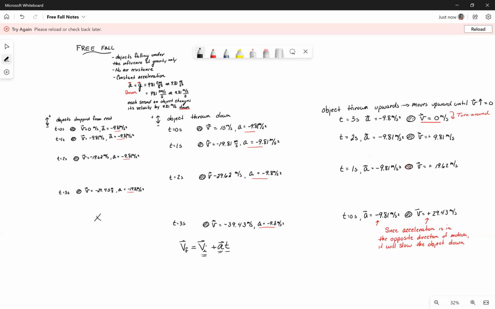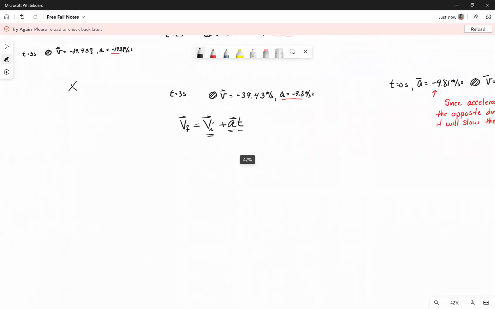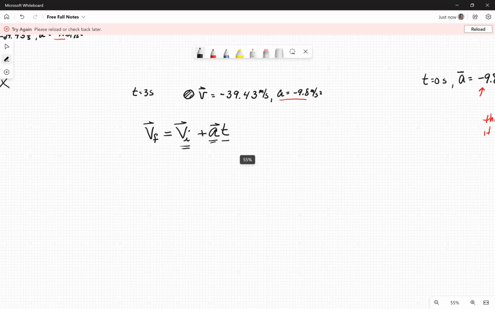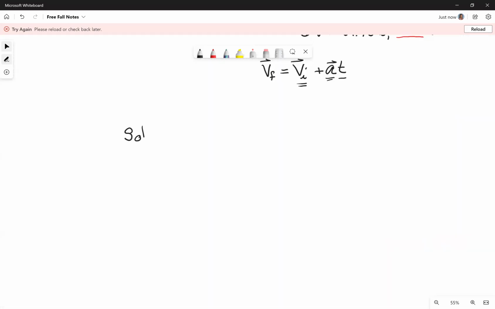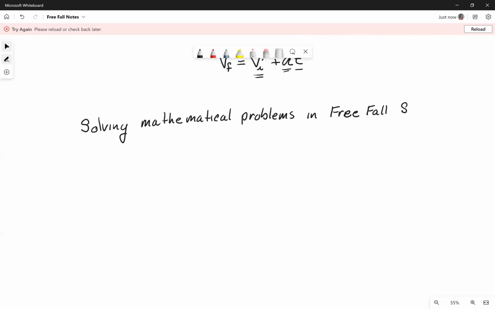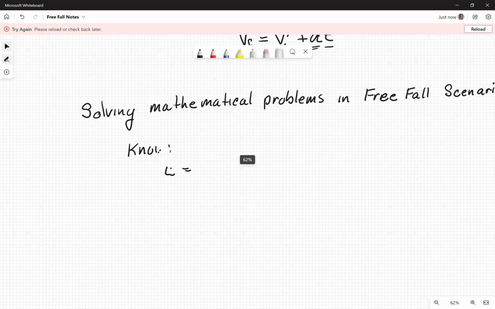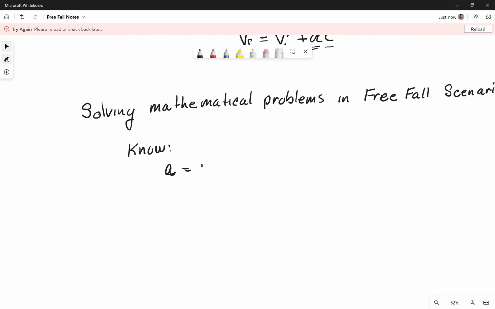So when you're solving problems in free fall scenarios, you always know the acceleration is equal to g.